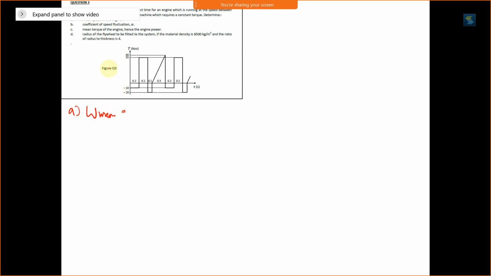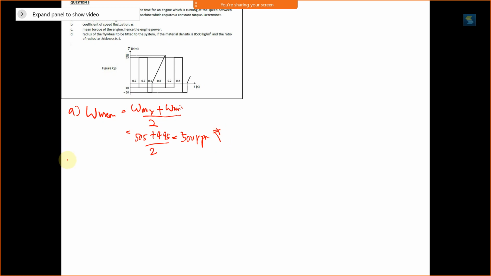Right, omega mean equals to, using the equation directly, omega max plus omega min divided by 2. So which is 505 plus 495 divided by 2. So we have 500 rpm. So this is our answer.